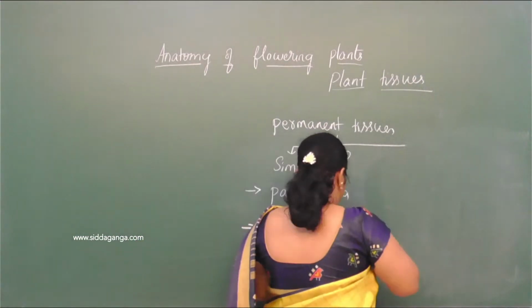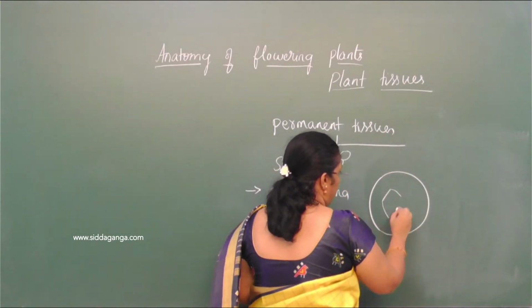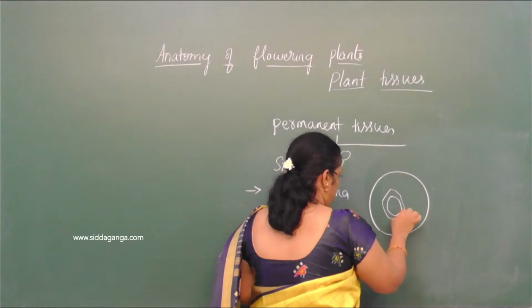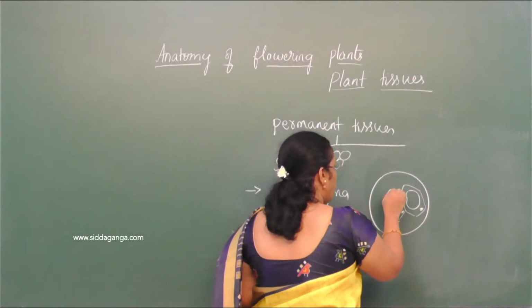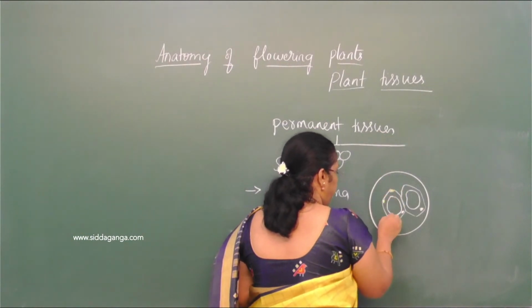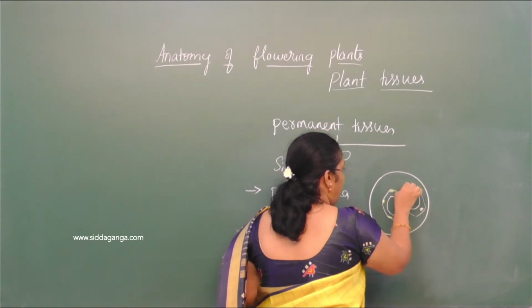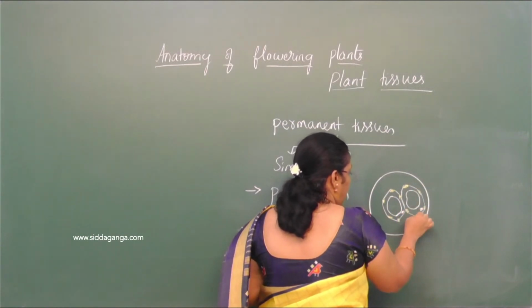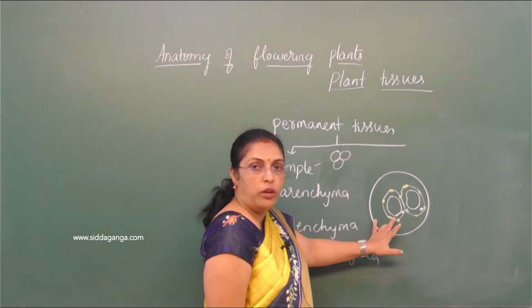Here in the collenchyma, cells are closely packed without any intercellular spaces, and collenchyma is a living mechanical tissue which provides elasticity to the aerial parts of a stem in dicot plants.